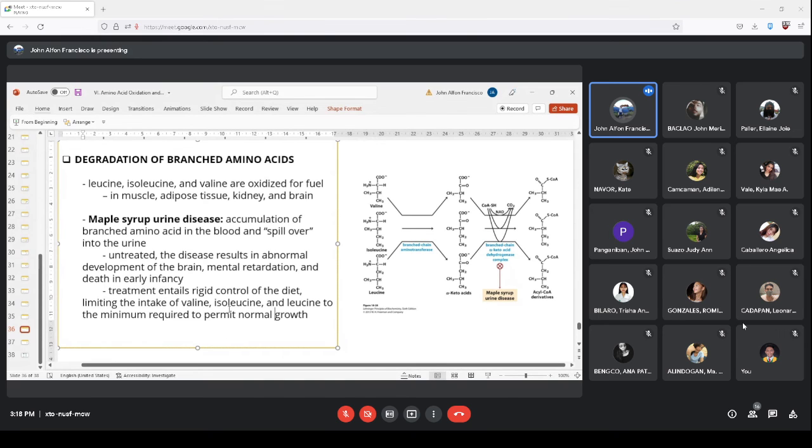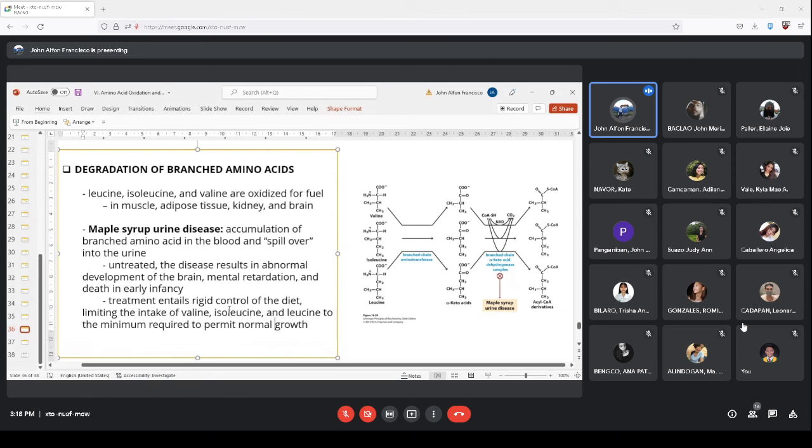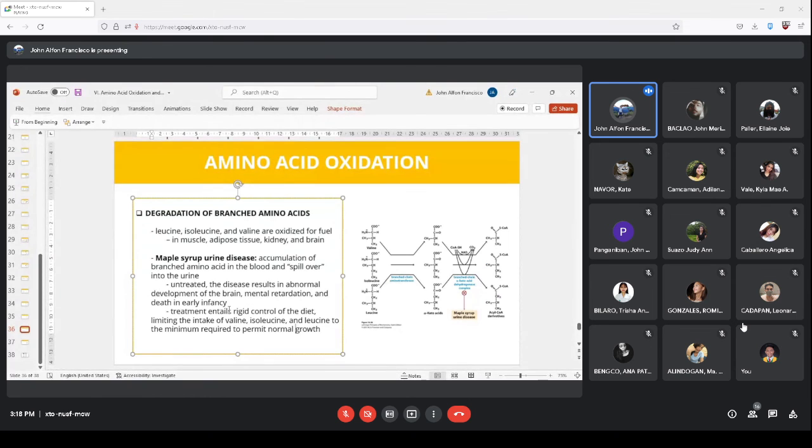Those are the challenging parts of how you will do it. You can minimize your diet if you have enough resources to do it.